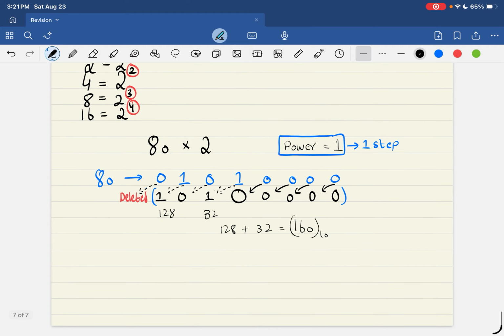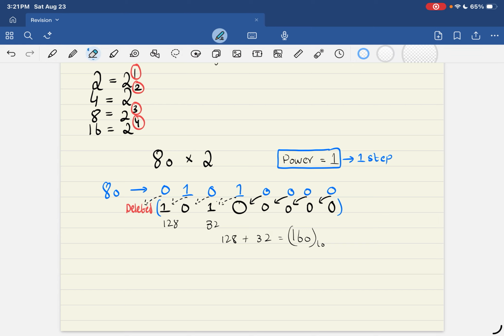So we got the exact binary representation for 160, which is the result of multiplying 80 with 2 by simply following logical shifts. So the computer would do exactly this thing. If you try to multiply a number with 2, it would simply take all the bits, move them one step to the left, and whatever resulting binary representation it gets is the exact result of multiplying by 2.